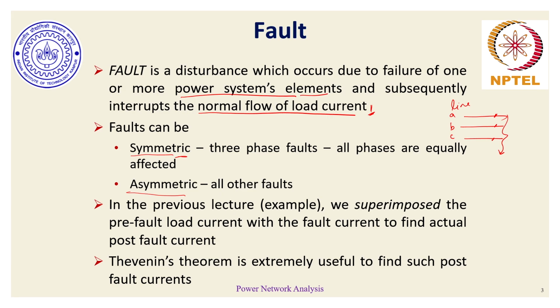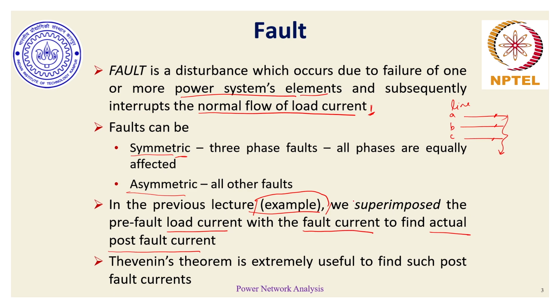And one important aspect which we discussed in the previous lecture example, and those of you who have not gone through the previous lecture, please go through it first, and only after that will you be able to understand the aspect that I'll talk about. In the previous lecture and example, we considered a numeric study wherein the actual fault current, which was the post-fault current, was essentially a superimposition of the pre-fault current, which was the normal load current, plus the additional fault current that would come in as the fault occurs.